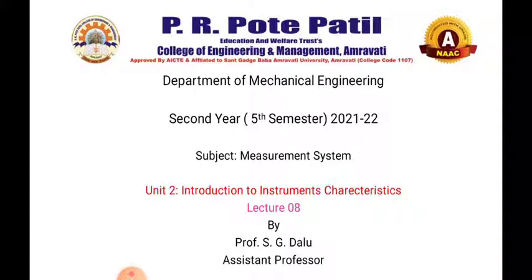Before this, we have completed the first unit. In the first unit, we have studied what is measurement, what is measurand, what is standard, then primary and secondary measurement systems, then applications of the measurement system, and generalized measurement system, input-output configuration of the instrument, illustrations of various examples such as Bourdon pressure gauge, bellows, spring balance, then pitot tube.